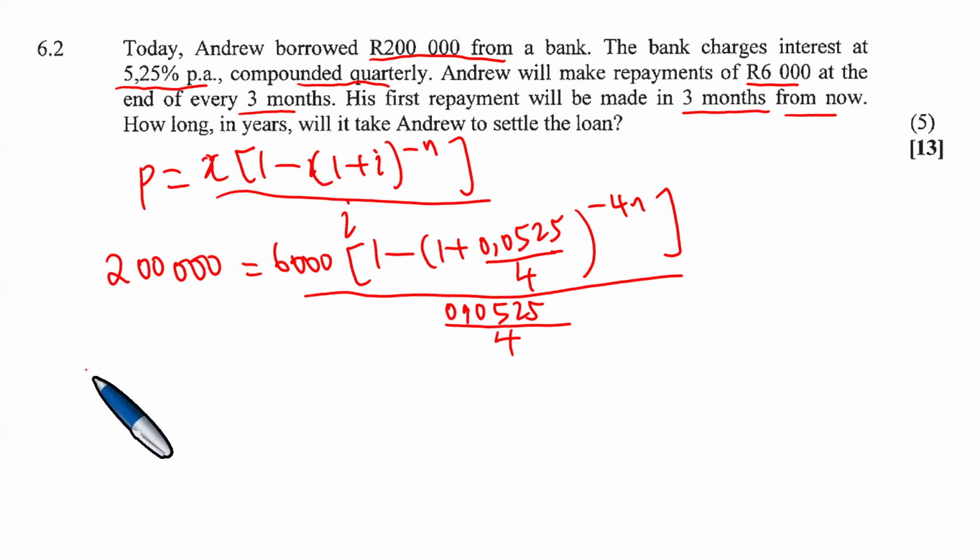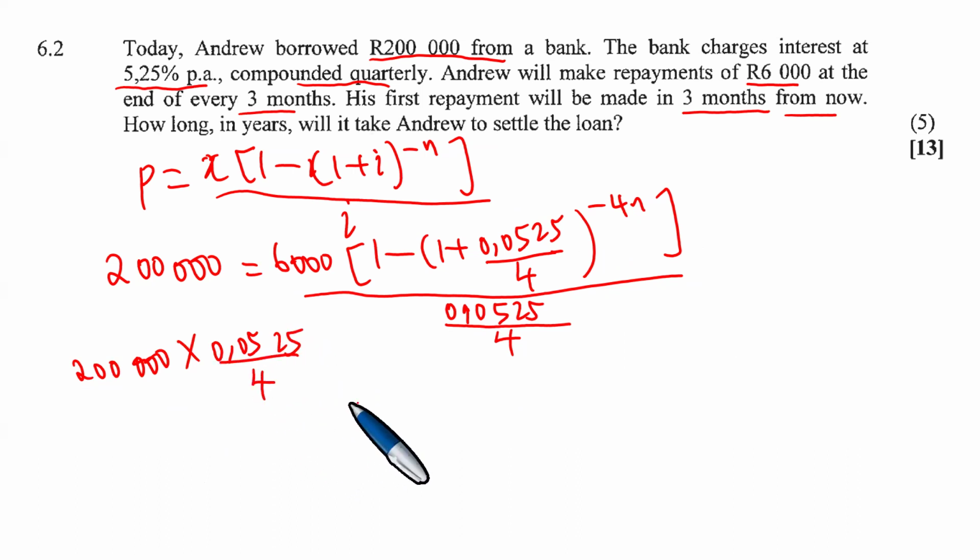Okay, so which is 0.0525. You cross multiply, you divide by 4, like this. And after cross multiplying, you also divide by 6,000.